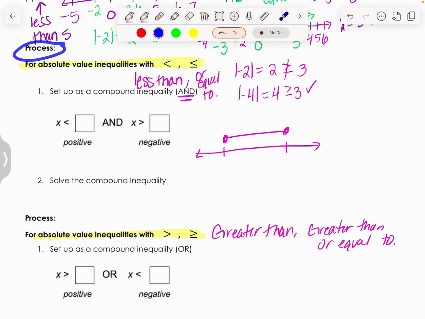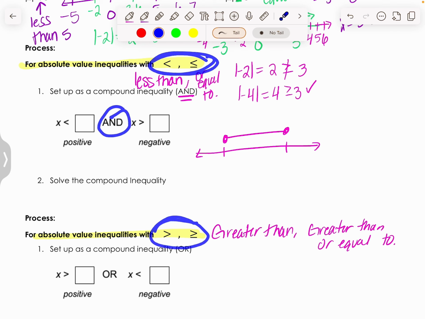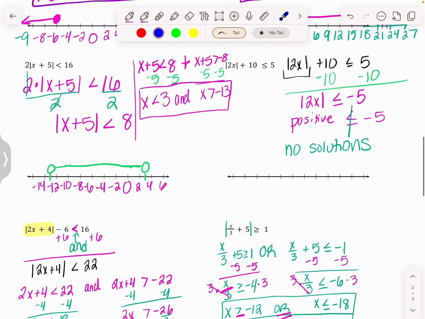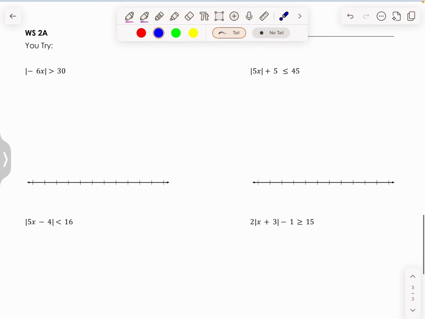Under the process, it's going to say, if it is less than, you're going to use and. If it's greater than, you're going to use or. So you can tear these pieces apart and have that up so that you can reference it back. You're going to practice enough that you'll remember.